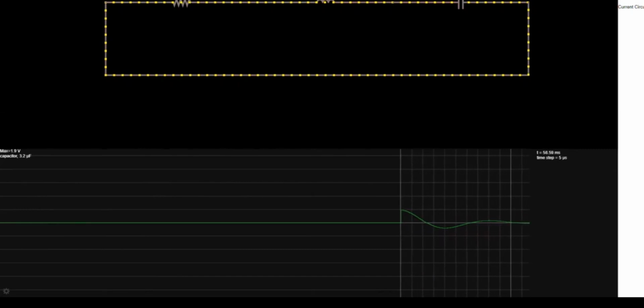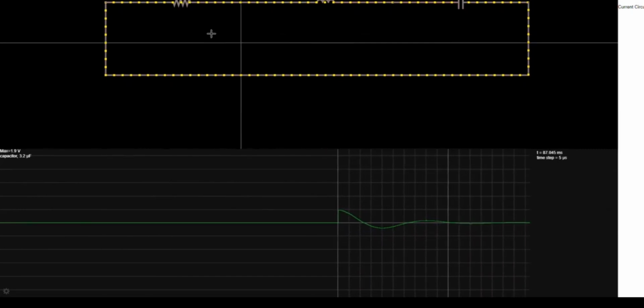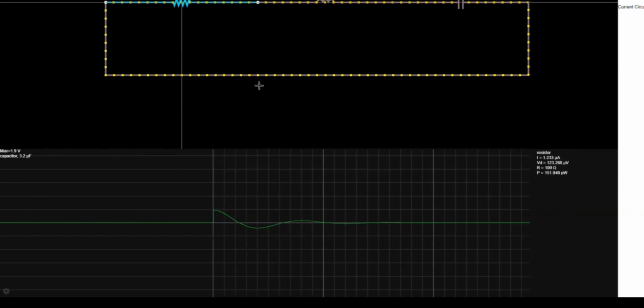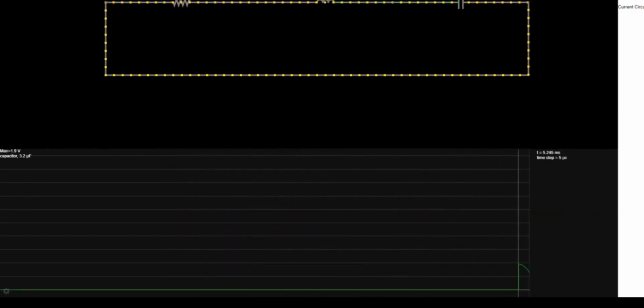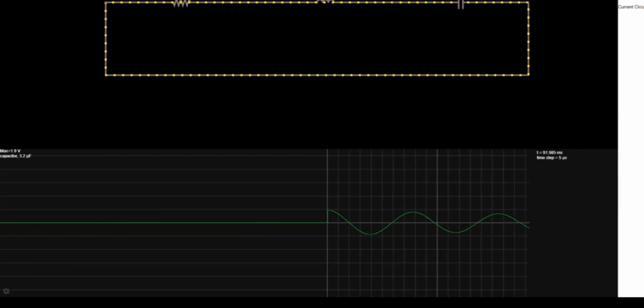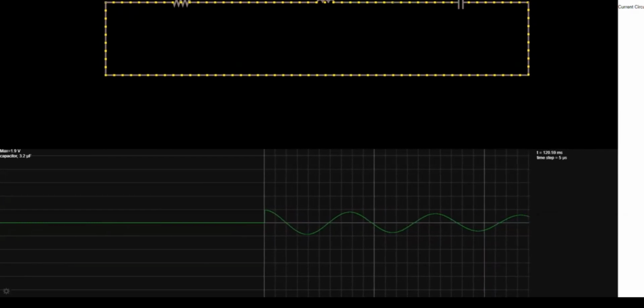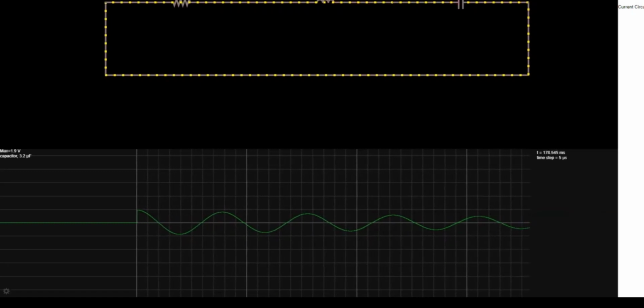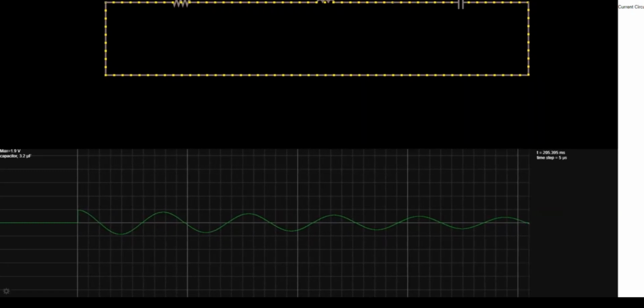Look, in this case, it just faded away really quickly. What if I didn't get quite so intense with that resistance? And so this is an RLC circuit. It's bouncing back and forth. It's oscillating. This is the alternating current that you always hear about whenever you see the term AC. AC stands for alternating current. DC stands for direct current.